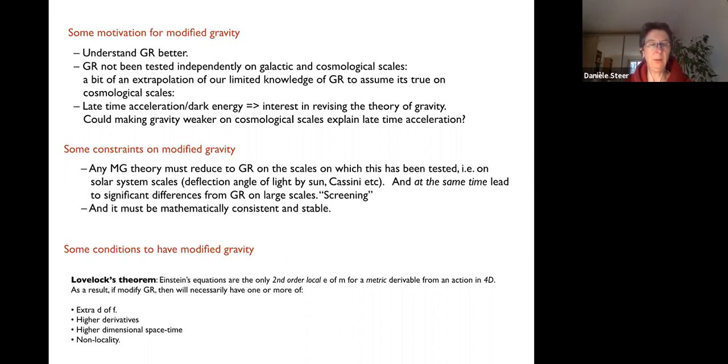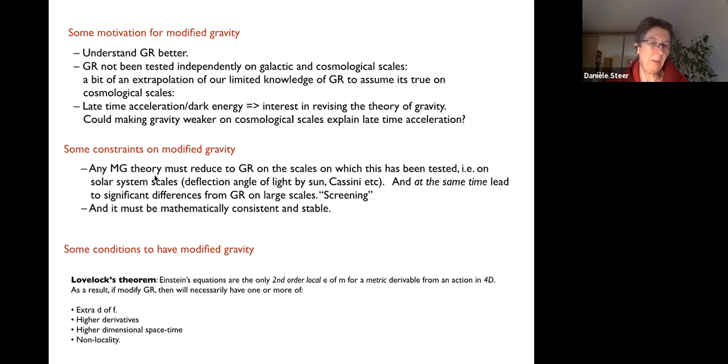Let me give you mine, which is to understand GR better. Another motivation is that it's all very well assuming general relativity is true on all scales, so galactic and cosmological, but it hasn't been tested on those scales. So maybe it's a bit of an extrapolation to assume it's true on all those scales.